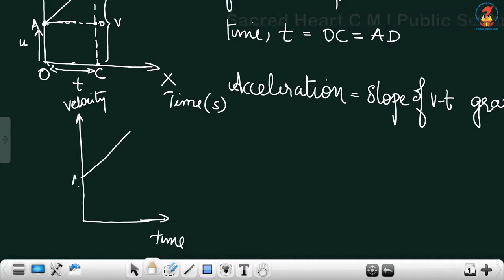This is the graph, A, B. This point is C. This one is D. This is the graph. Now I will consider 2 points.